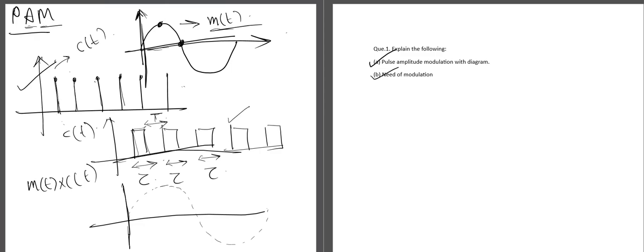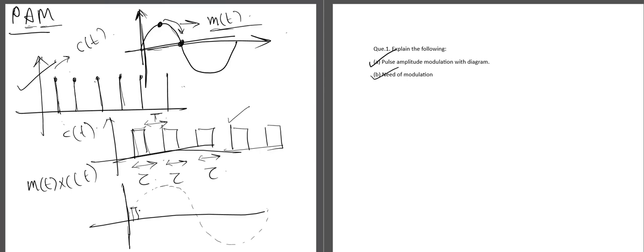As we go from this point up to this point, the amplitude is decreasing, so the pulses will also have a decreasing amplitude. The amplitude of the pulses gets modified according to the amplitude of the message signal. Here we have drawn the outline of the message signal, and after that we draw the pulses according to it.